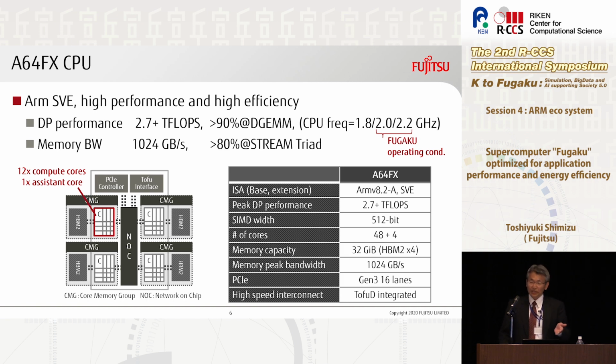Users can specify or boost the CPU frequency up to 2.2 gigahertz for Fugaku, if the power consumption budget is supported. And the memory bandwidth is 1028 gigabytes per second. We also integrate the interconnect into the chip. This is the specification of the A64FX CPU.